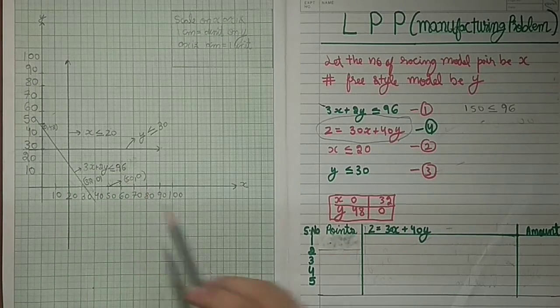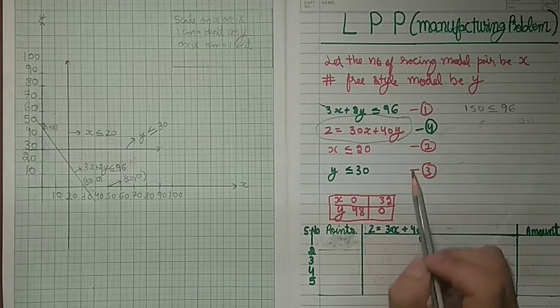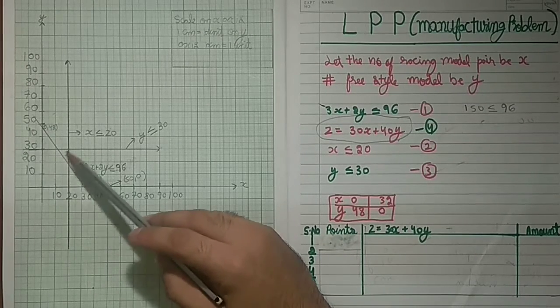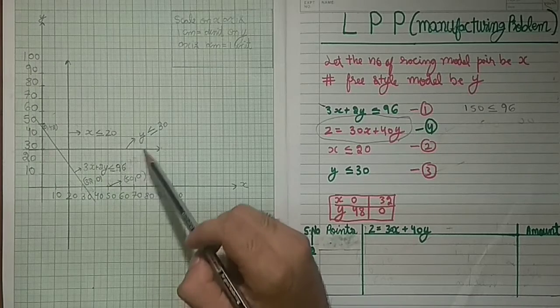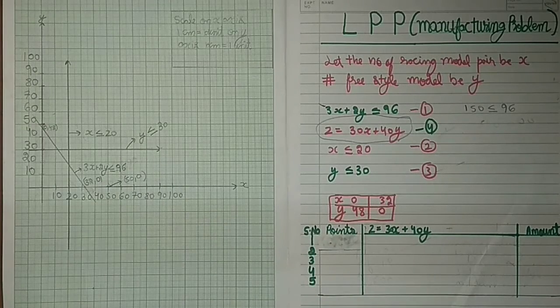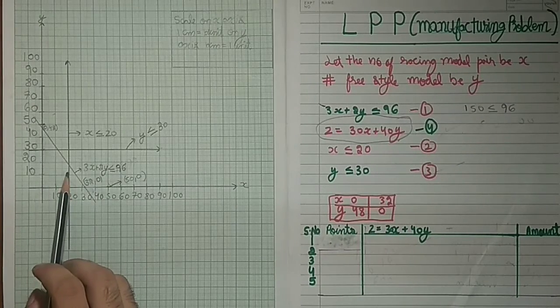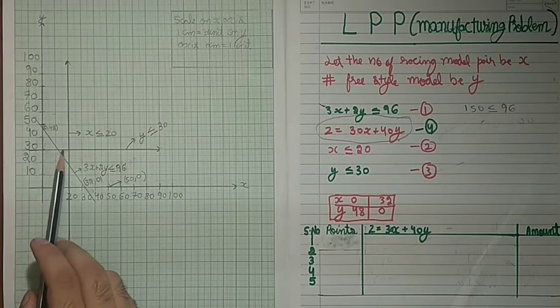If we put 50, 0 in equation number 2, then we get 50 is less than or equal to 20, which is again false. So again the bounded region will be shaded. Now let's take 50, 0 in equation number 3, that is y less than or equal to 30. So we get 0 is less than or equal to 30, which is correct. So again the bounded region here will be shaded.